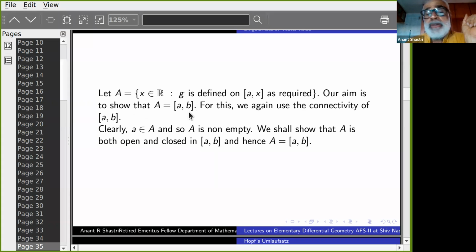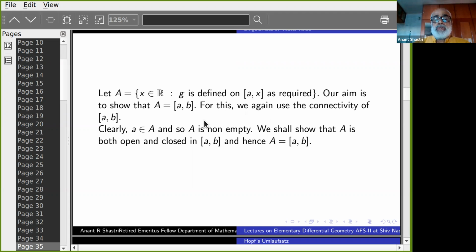The uniqueness part already follows, but we have to show that it exists. If you show that this set A which I have defined is the whole of AB, then I am done. Then there will be a function G from AB to R such that E composite that function is equal to our function F. Here again I am going to use that the interval AB is connected.